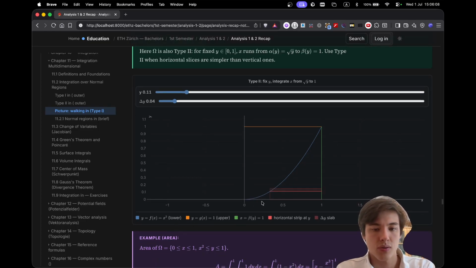So x squared is lower, and then y equals 1 is the upper bound.